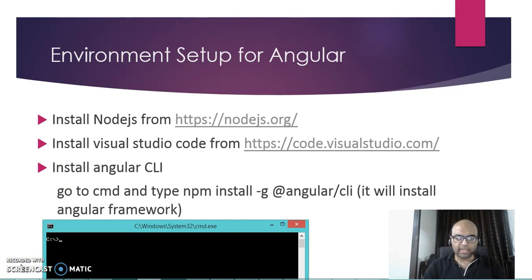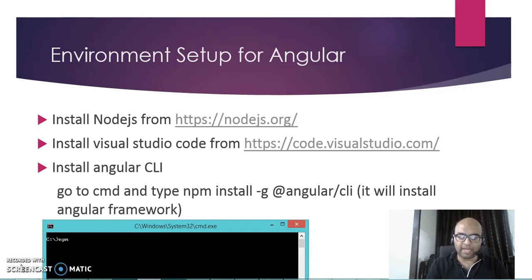So we'll go to the CMD command prompt, and all we need to do is type a command called npm install -g @angular/cli. This is basically a command from Node which will install the Angular CLI framework on our system. See, npm here stands for Node package manager. Since we already installed Node.js, now we can make use of the npm commands.